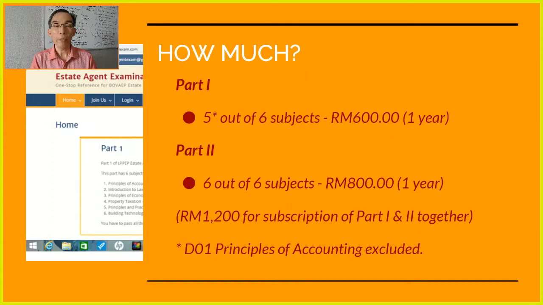So the fee for Part 1, which is 5 out of 6 subjects, is 600 ringgit for a one-year subscription. As of now, many subscribers are moving forward to a second attempt, and I have not increased charges.